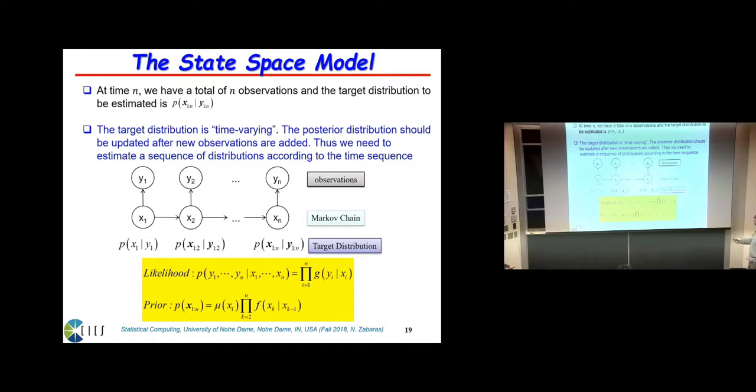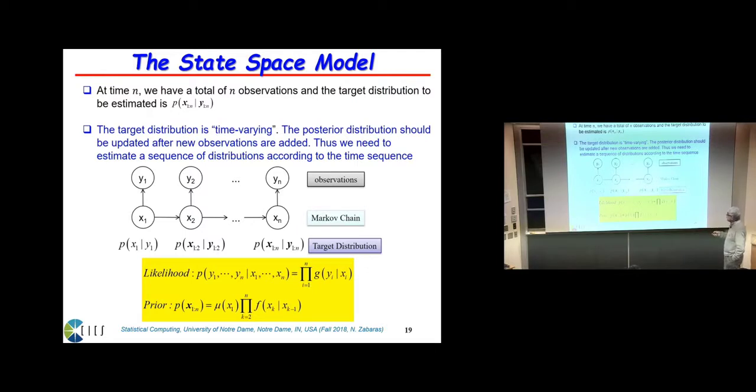So I remind you, this is the state, the Markov chain with the dynamics of x2 depending on x1, of xn depending on xn minus 1. And these are the observations, and we have an observation model, so yn depends only on xn. We're interested in computing the posterior of the state.